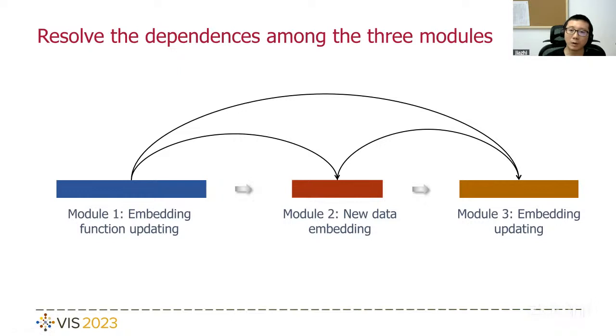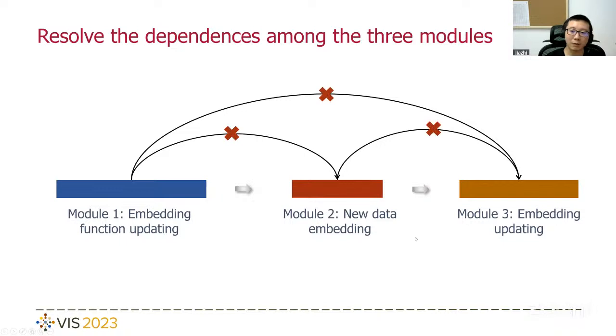For example, when new data points come in streaming, the embedding and the embedding function need to update in time. The newly coming data should also be embedded with the updated embedding function. The embedding should be updated based on the updated function and the embedded new data.